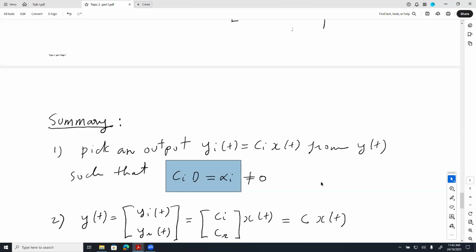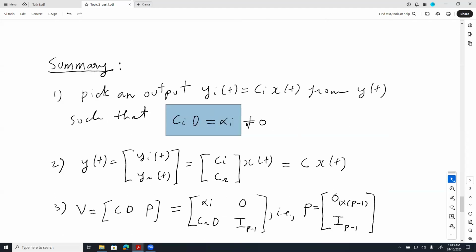Sometimes it might be cheaper to realize a certain differentiation of a certain signal, a certain sensor. And so that gives us more practicality and flexibility. All right, so we pick an output measurement as long as this relationship holds.